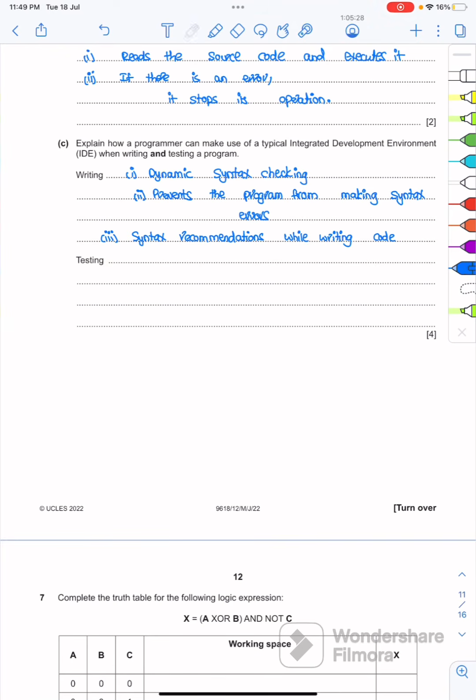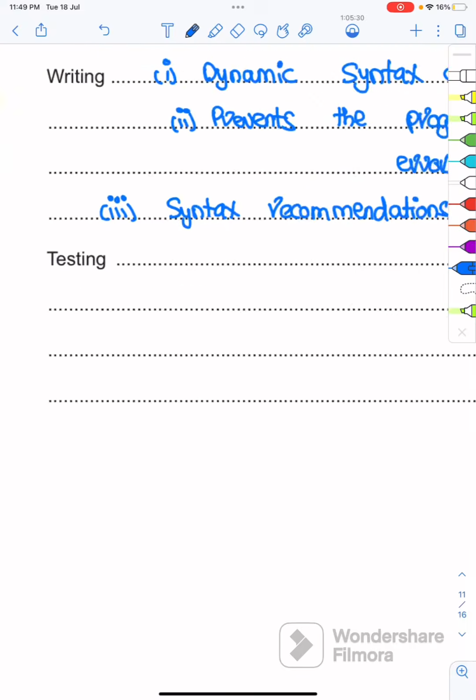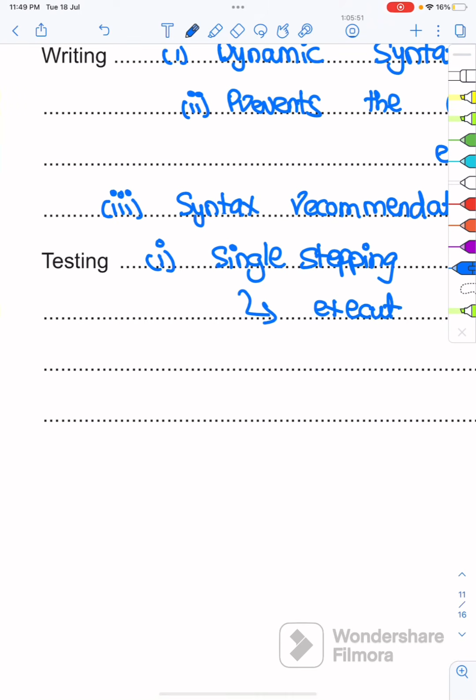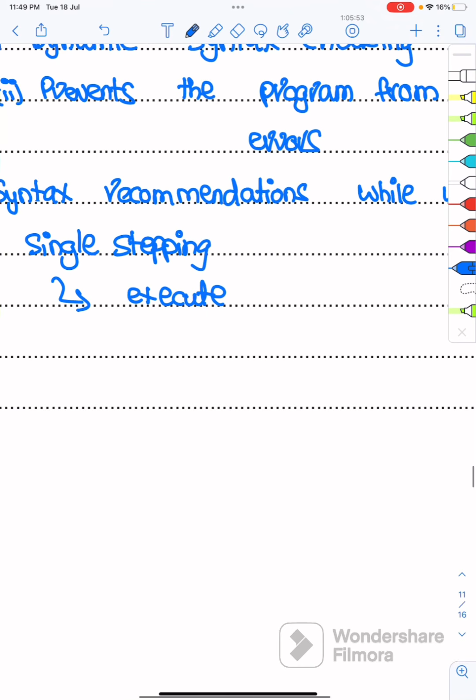So there are a few different techniques that you can use, and this is helpful to you in your paper 2 as well. You can use single stepping to execute code line by line.